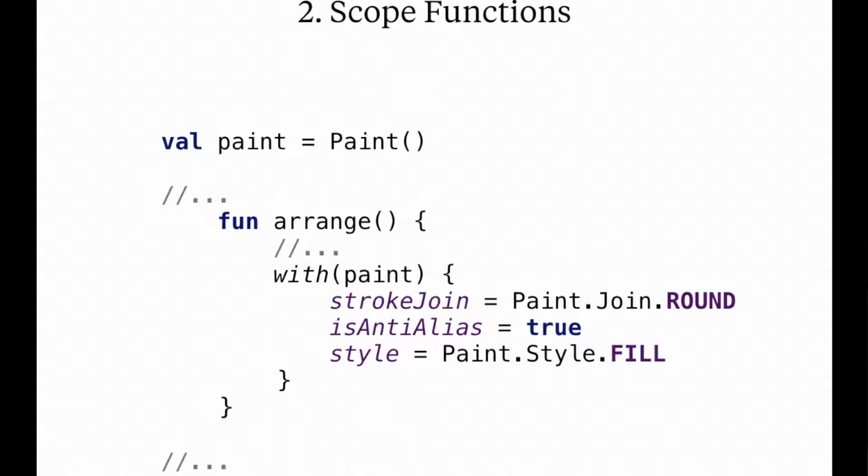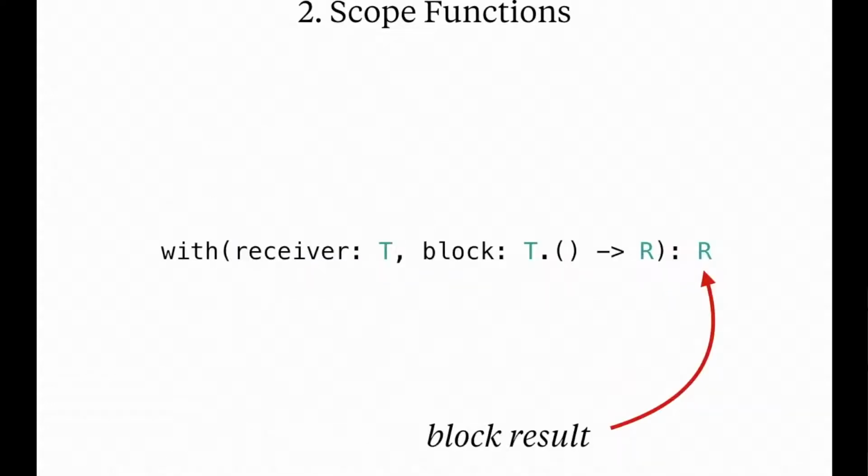And it's a way to sort of chop up your code visually and focus the reader's attention just as much as it's focusing your attention while dealing with one thing. Right, so again, with returns that block result. So you could also use with to compute something, like, with a user object passed in, compute their first name, comma, last name. Another use for that. I don't typically do it for that, but you might see it used like that.